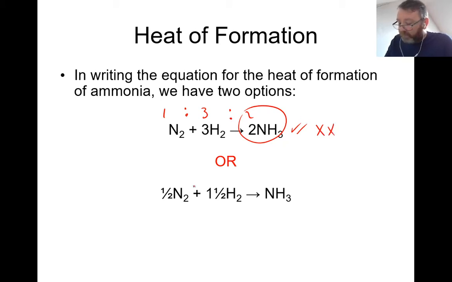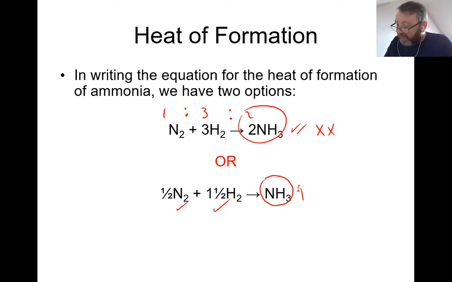So let's take a look at the bottom one. A half an N2 plus 1.5 H2 gives 1 mole of NH3. Say it again. A half a mole of nitrogen plus 1.5 moles of hydrogen will give 1 mole of ammonia. What's the definition? It is the heat change that takes place when 1 mole of a substance is formed from its elements. Now, the bottom equation fits the bill perfectly according to the definition.